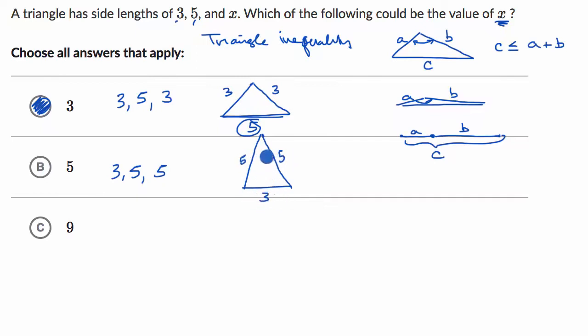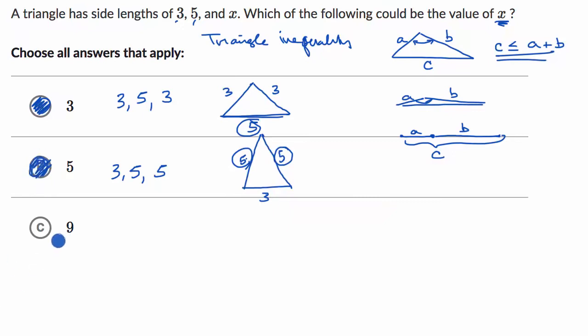One of the 5s would be the longest side, or it's one of the longest sides. Notice 5 is for sure less than or equal to 5 plus 3. It's for sure less than or equal to 8. And you could obviously do the same thing with this 5. It is for sure less than or equal to 5 plus 3. So it meets our conditions for the triangle inequality, and it also just makes sense when you draw it out like this. So that could be one of the choices.